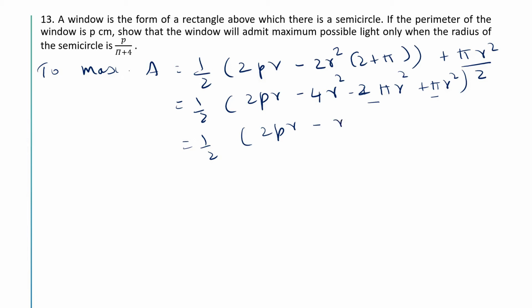So it is minus r square into (pi plus 4).